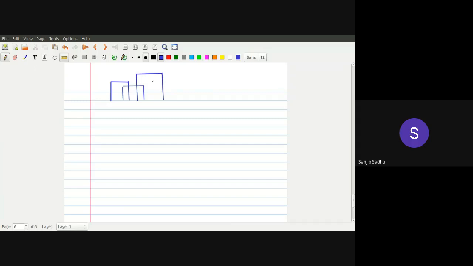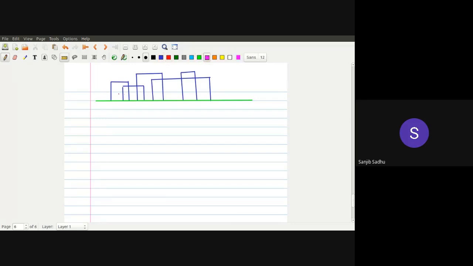Say like this. These are some buildings. I'm not drawing too much. So these are the buildings, and all of them are lying so that their baselines are the same. Now, we want to find out the skyline. Skyline means what?